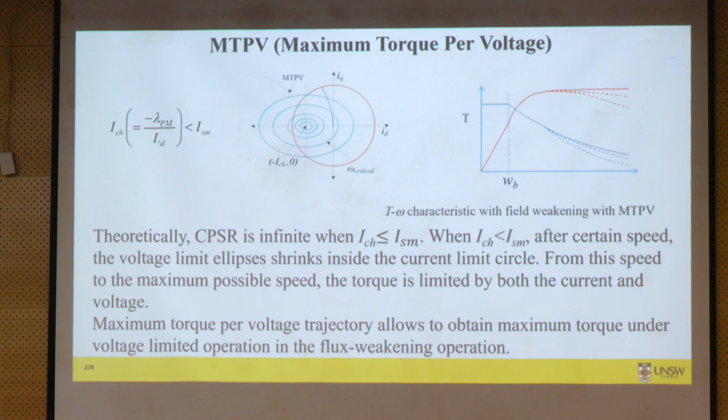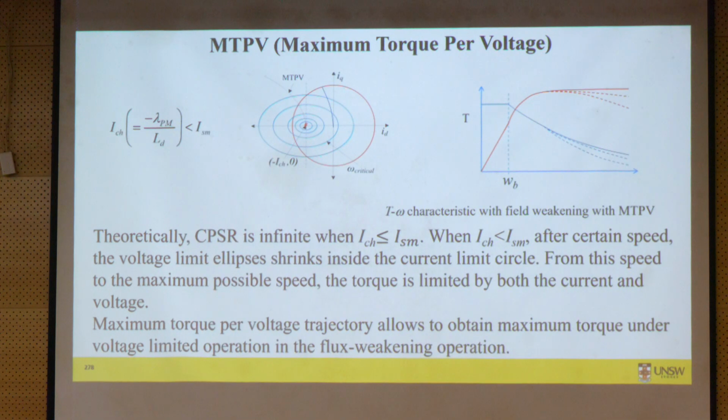And if the center of the ellipse is inside the current limit circle, then also you can get more flux weakening, of course not infinite, but you can get higher flux weakening range or constant power speed range than with the center outside of the current limit.